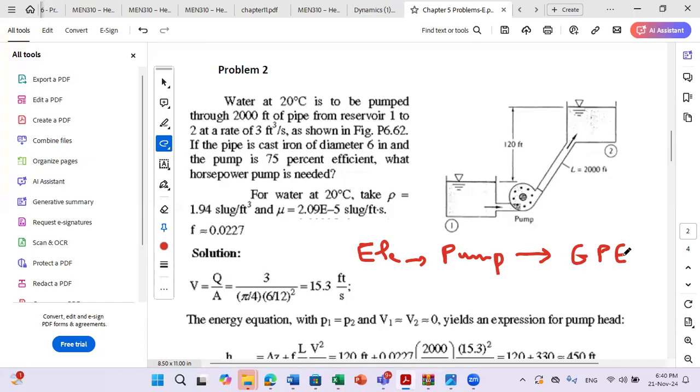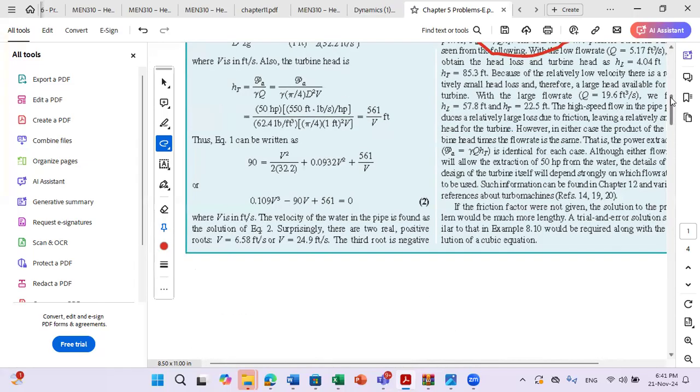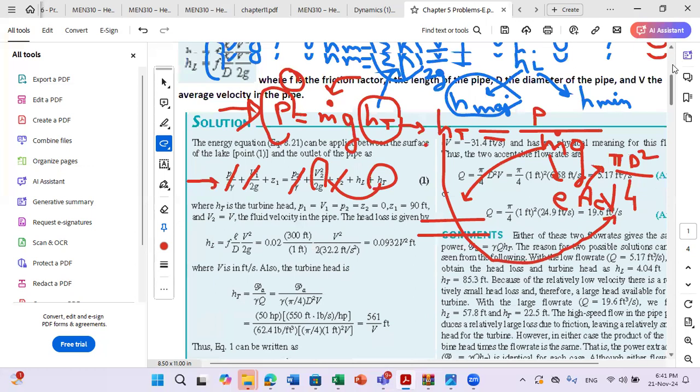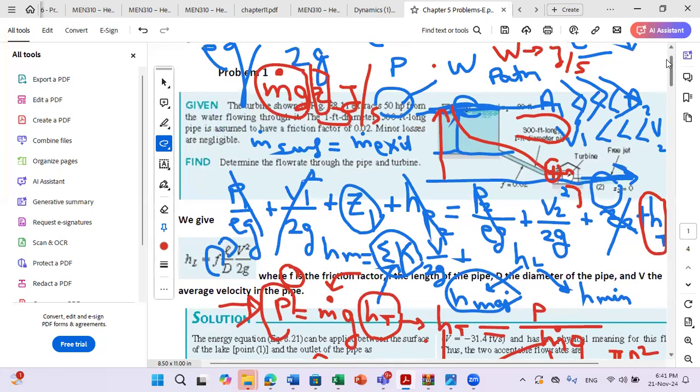of the equipment that we have. Each pump or each turbine will also be characterized by a certain efficiency. In the previous problem, for example, they gave us the power that is extracted from the water. But actually, when you want to convert it to electricity, you will have some losses because of efficiency.